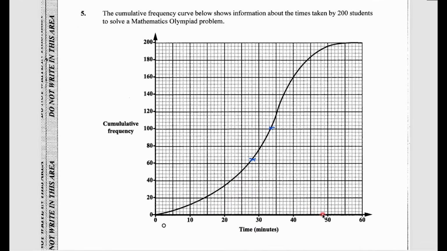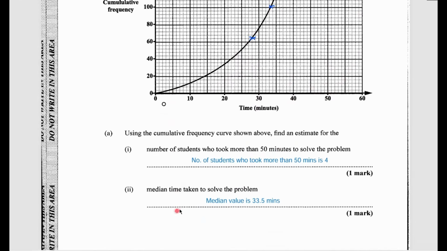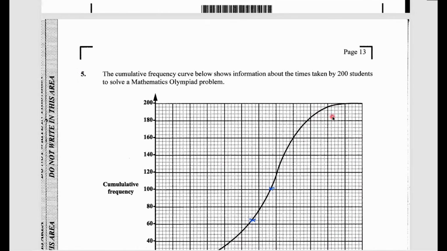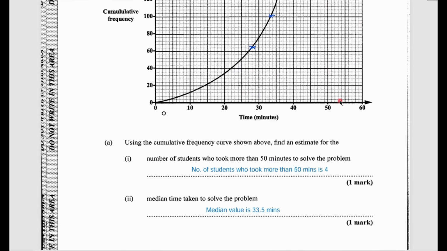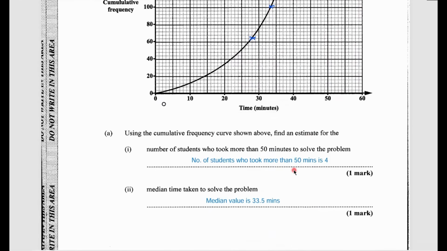I will repeat that, sorry. 196 is the number of students who took 50 minutes or less. If you take more than 50 minutes, you have to subtract the 196 from 200, and you will get 4 students who took more than 50 minutes.